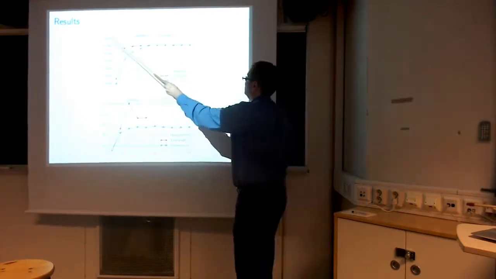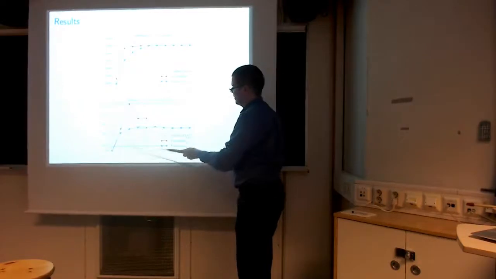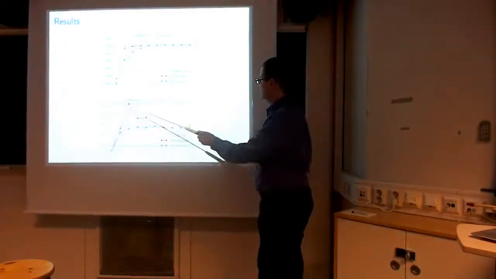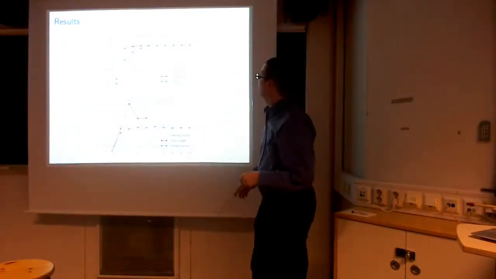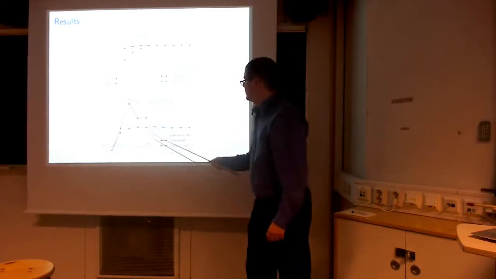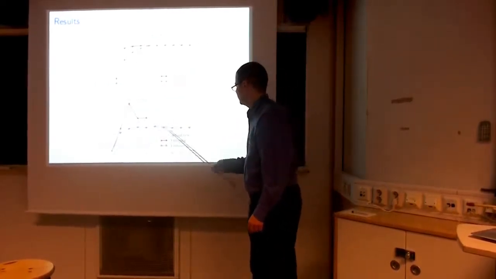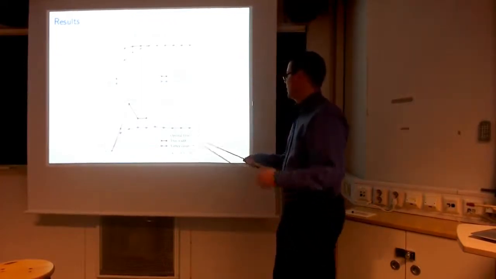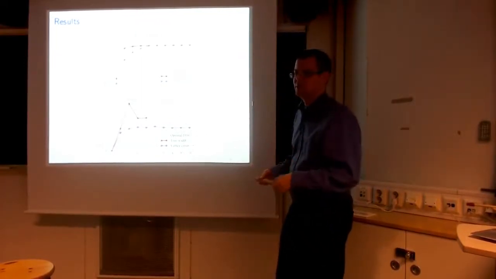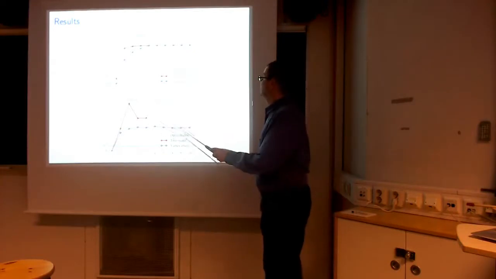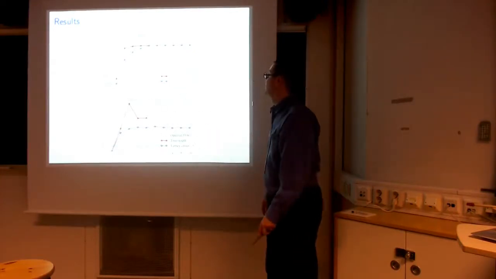In the upper plot we have score, and here we have time. And we have a 4-hour cutoff. If we haven't found a provably optimal solution by then, we take the best one and we also show the bound.